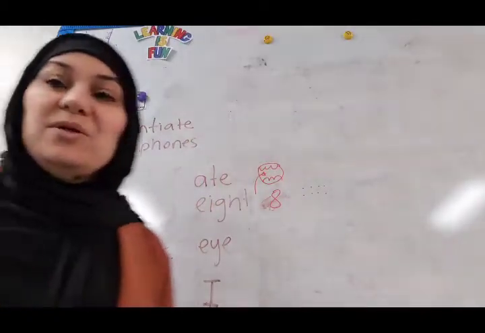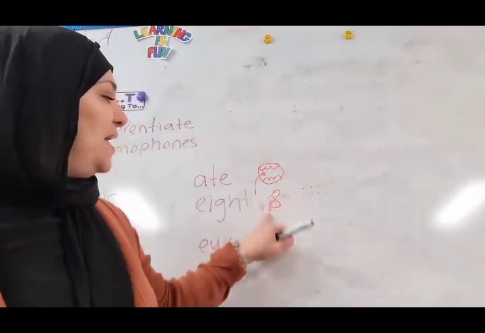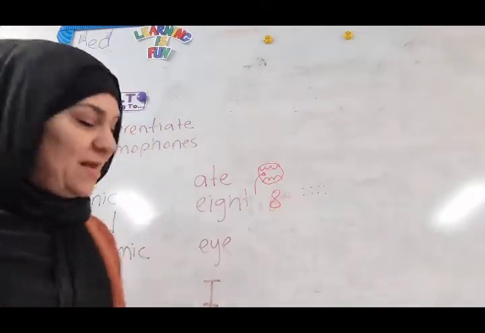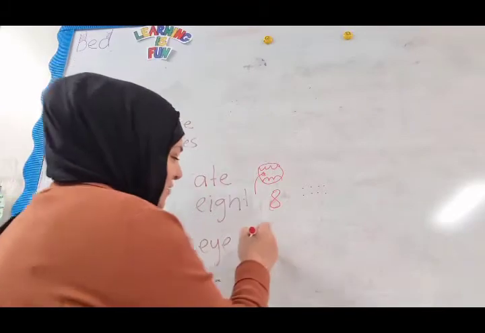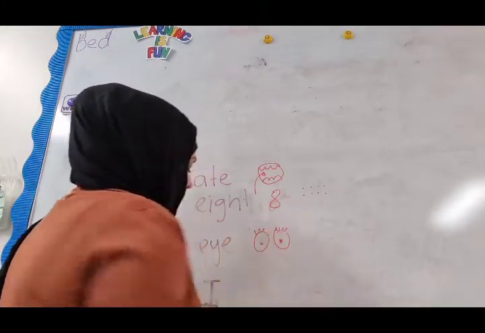We encourage you to think of your own way to remember each of the different spellings of the word eight. The next one is eye, E-Y-E, and that really refers to our eyes that we use to see.